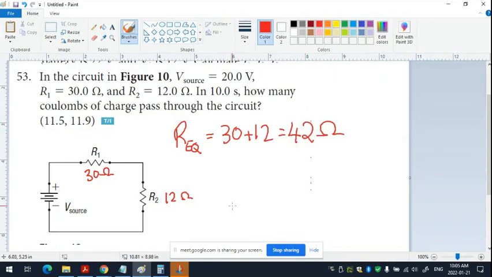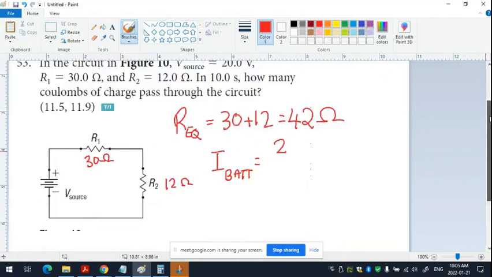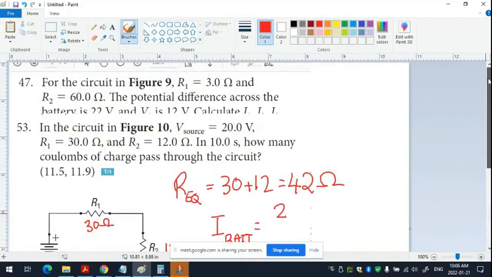I circuit equals V circuit divided by R circuit. Sorry, I battery. Let's call it I battery. I don't care if you call it I circuit. I battery equals 22. Was it 20 or 22? 20.